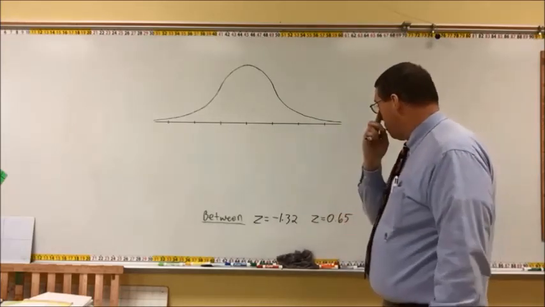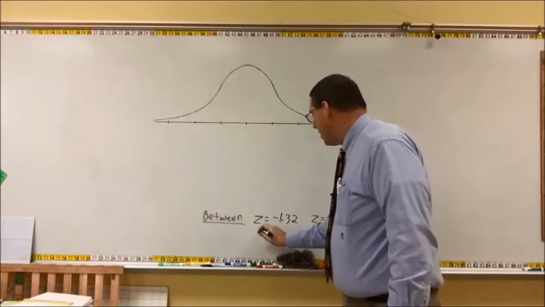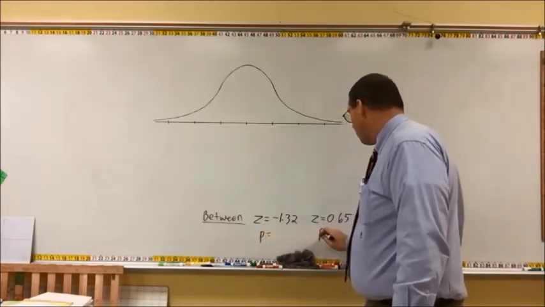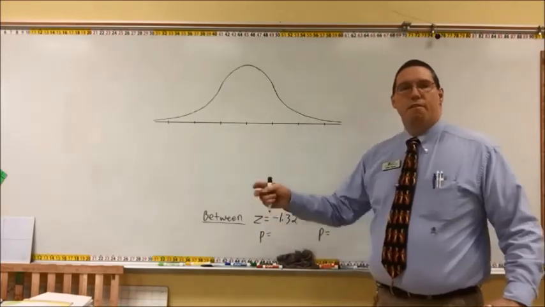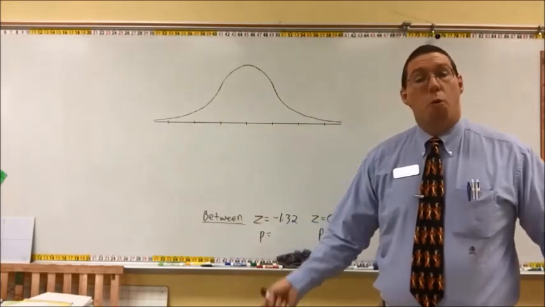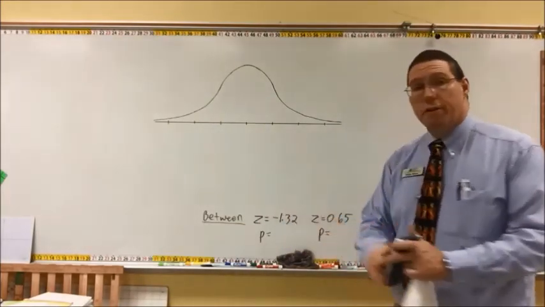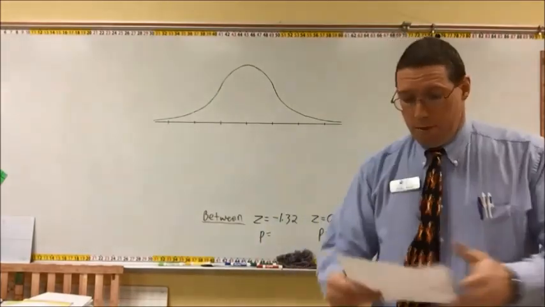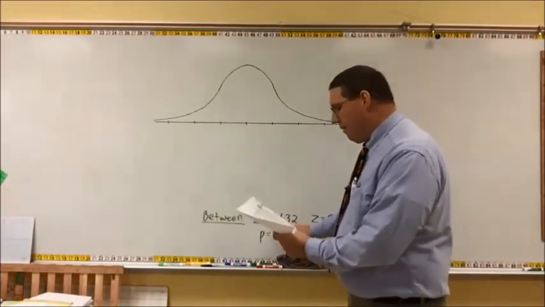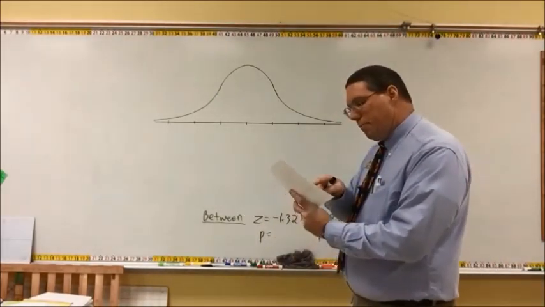Here's what we need to do. We need to find the p-values for both of these numbers. So the first step is to find two different p-values, because you were given two different z-scores. So let's find the p-value for negative 1.32.